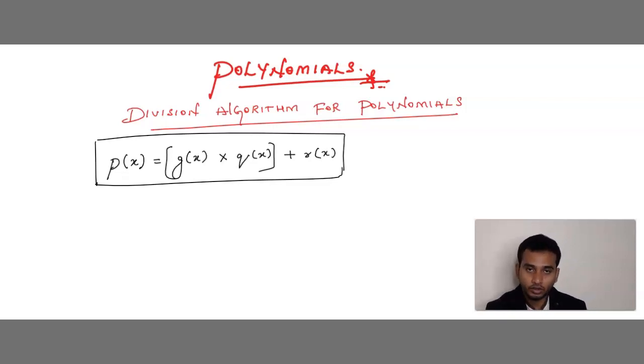So this is Euclid division lemma for polynomials. That is p of x is equal to g of x into q of x plus r of x.